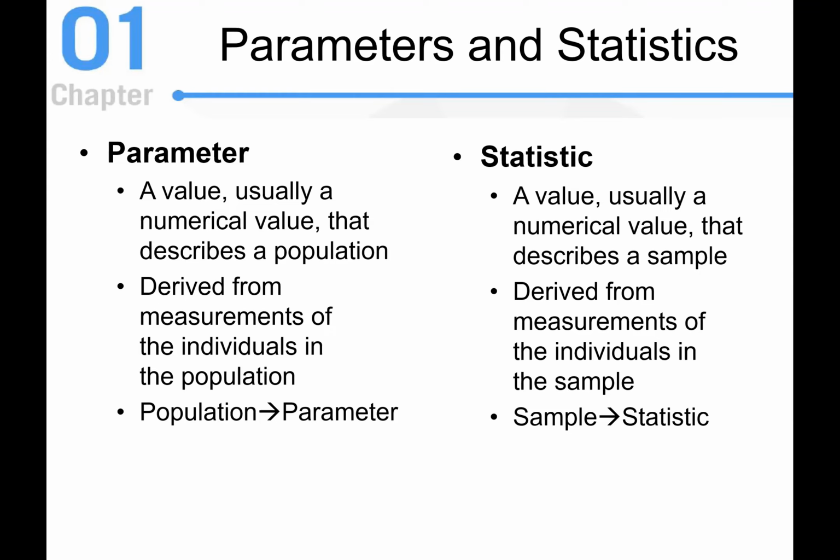So for example, let's say I have a population of 100. The population is made up of 100 people who have stage 4 colon cancer, right? If I measure the height of all 100 people, all 100 people in that population, the total population, and then I get the average height.